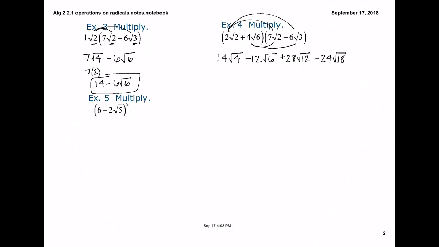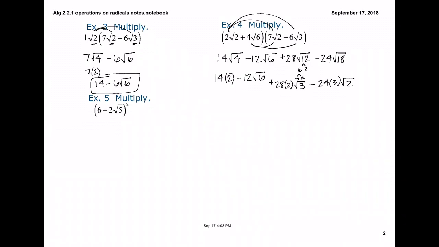We need to make sure it's simplified completely, so we need to reduce any perfect squares. So 14 times 2 minus 12 roots of 6 is simplified. 28 root 12 reduces to positive 28 times 2 roots of 3, minus, when we factor 18, we can pull out a 3.